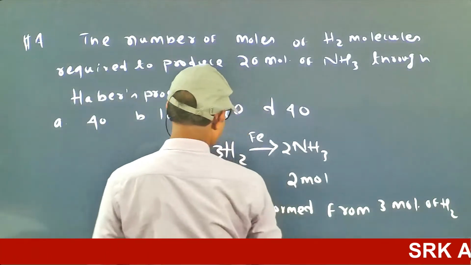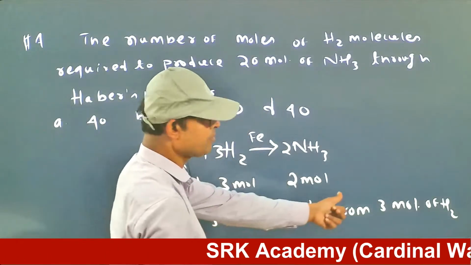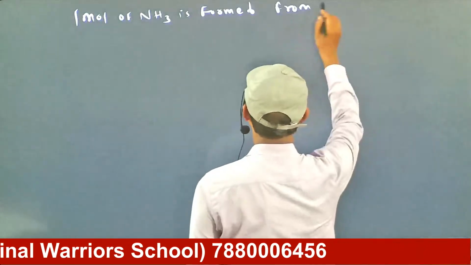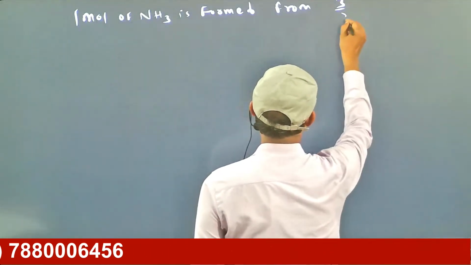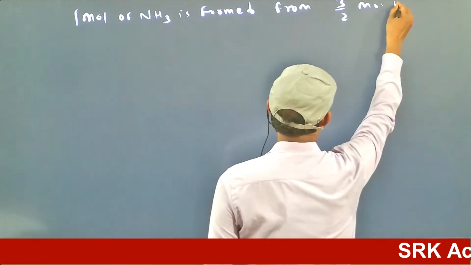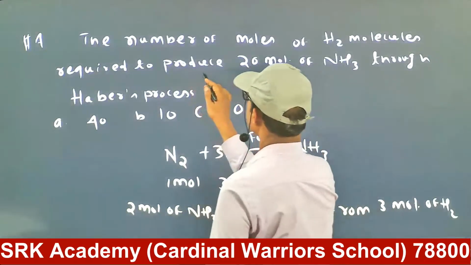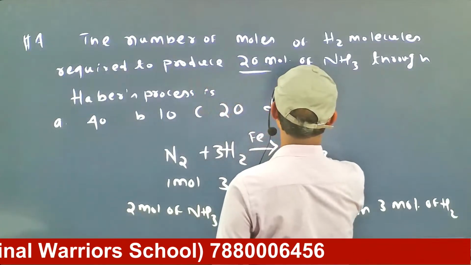See, 2 moles of ammonia are formed from 3 moles of hydrogen, right? So 1 mole of ammonia is formed from 3 upon 2 mole of hydrogen, right? So in the question it is given required to produce 20 mole of ammonia.